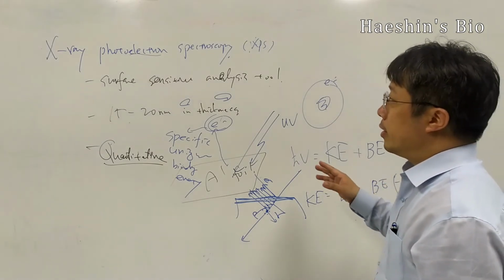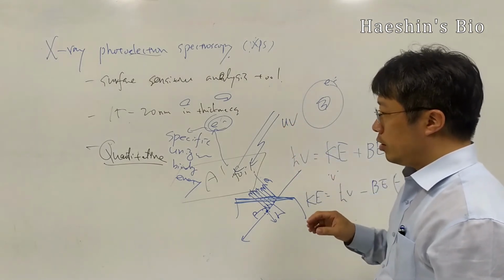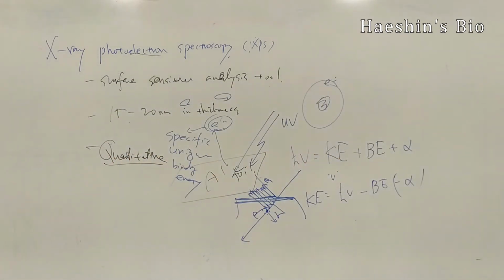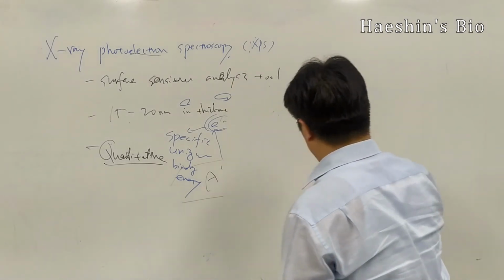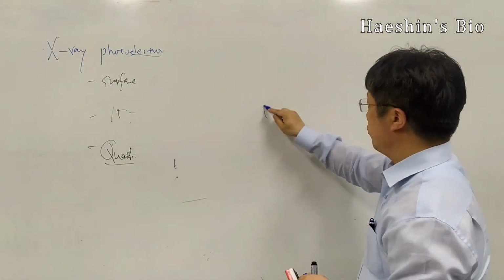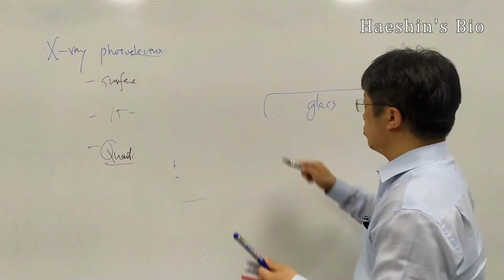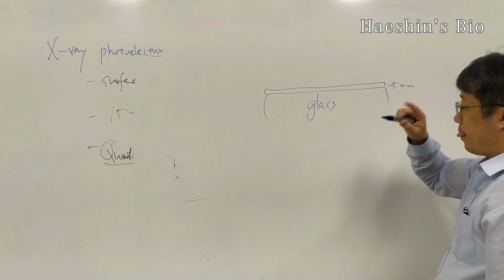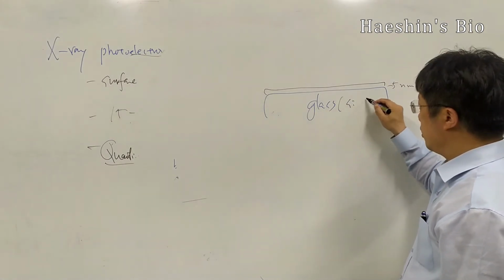Generally, X-ray photoelectron spectroscopy is a very good technique for analyzing protein adsorption samples. In the previous case that I explained, you have a glass with proteins adsorbed on it, like 5 nanometers, for example. The glass is basically silicon oxide, so you have Si and oxygen.